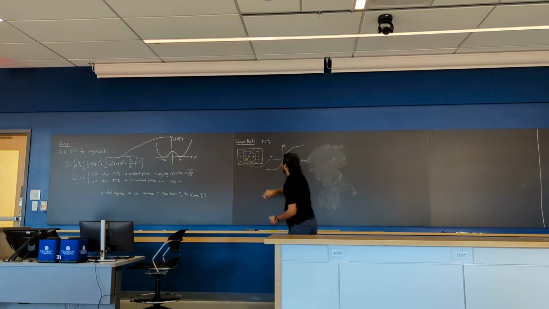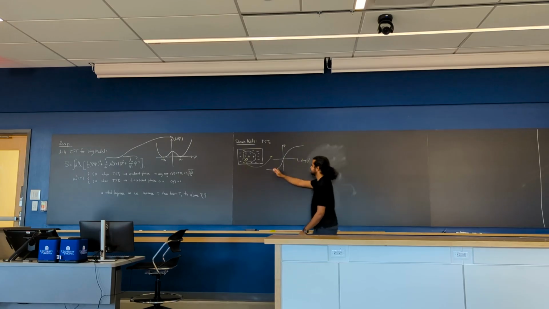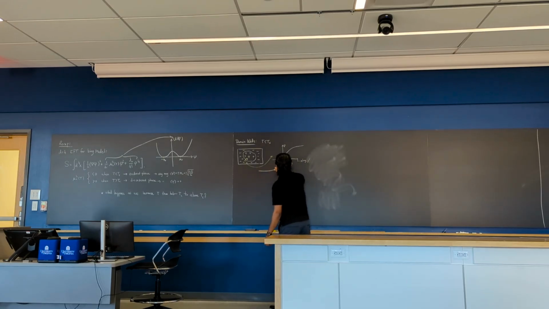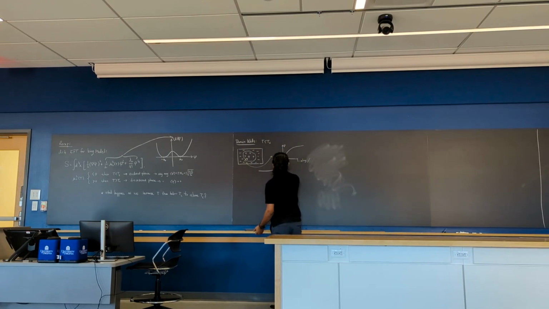Along this yellow line, this is the profile of phi, like a tanh, with the change happening in, roughly speaking, a width w.